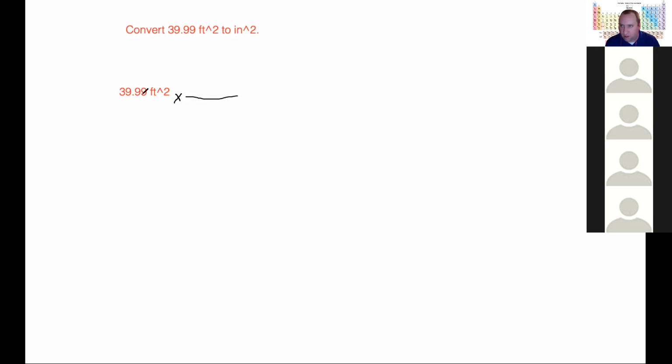Okay, so that's the important thing there: if you're dealing with a squared unit or a cubic unit and you don't have the conversion directly, you can always use an indirect conversion. And the indirect conversion is just using that conversion that you know, however many times are in that exponent. So I know that 1 foot is equal to 12 inches. That is the world's worst looking 12.